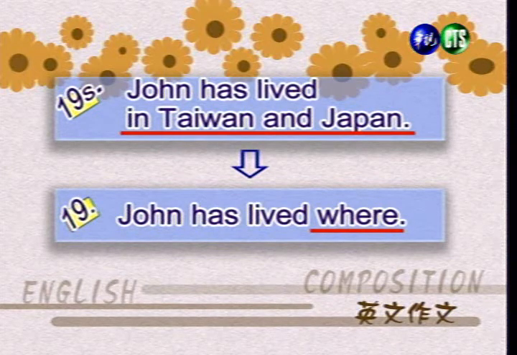Taiwan and Japan 是地点，所以我们就用 where 来取代这两个字。And notice that we already have an auxiliary verb in the sentence. That's the word has.